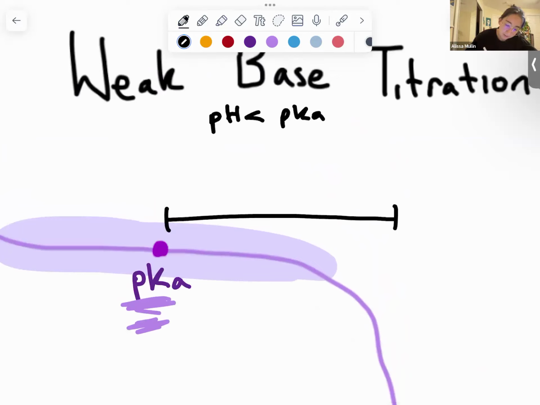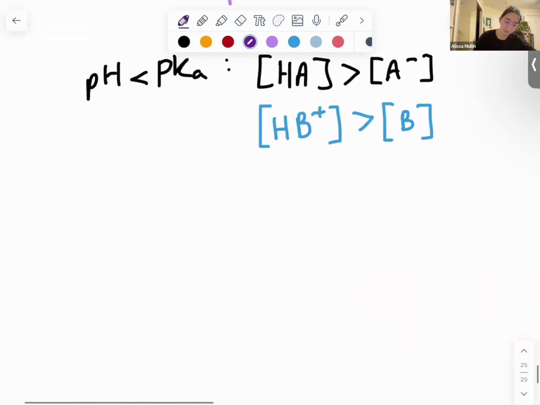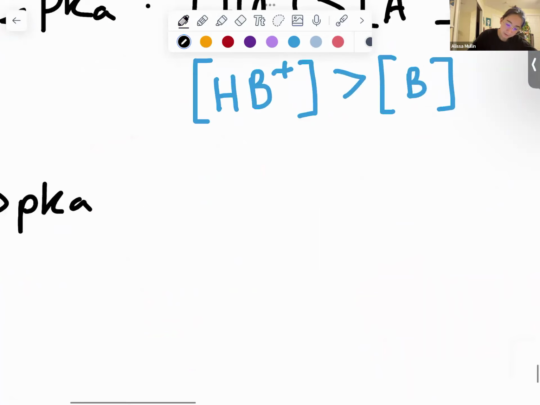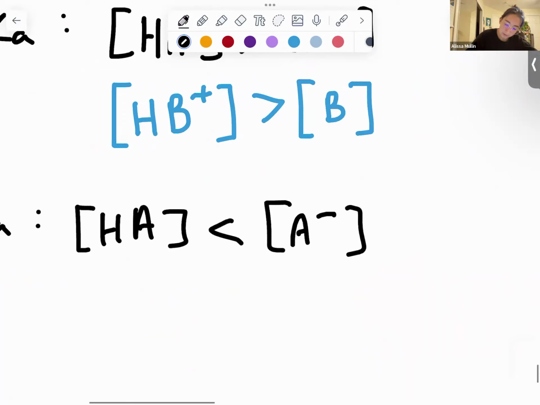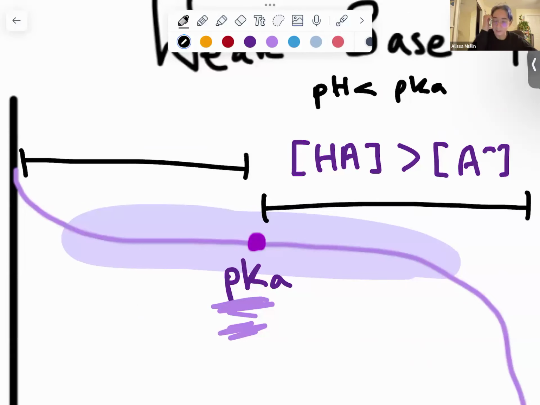This is where the concentration of the acid is greater than the concentration of the base. And you can write that with the base species if you prefer. When pH is greater than pKa, then we know that we expect there to be less of the acid. So this just flips on this graph. But that makes intuitive sense, hopefully.